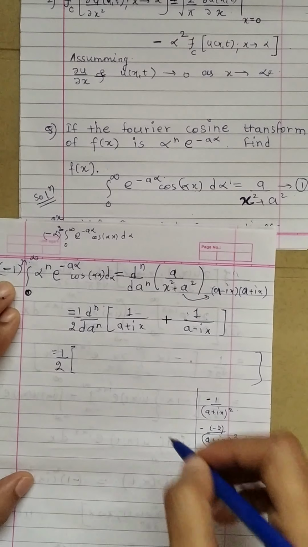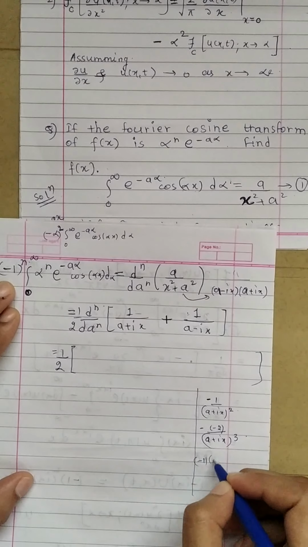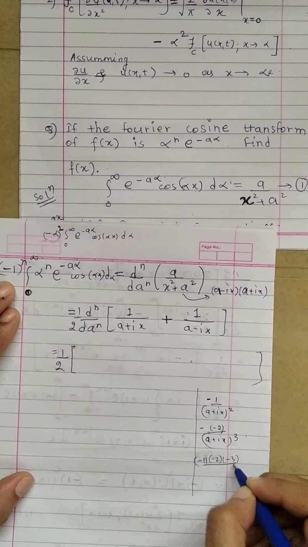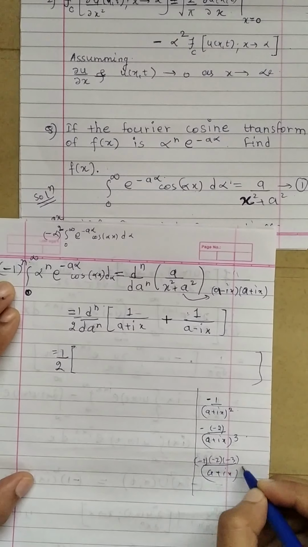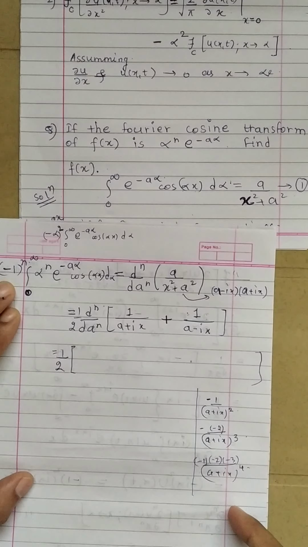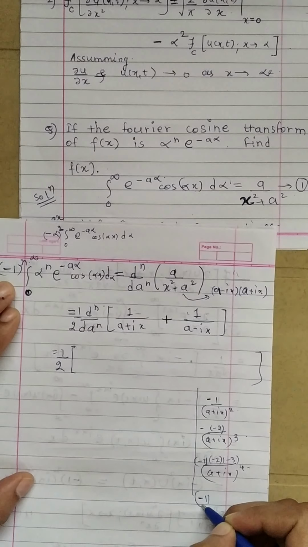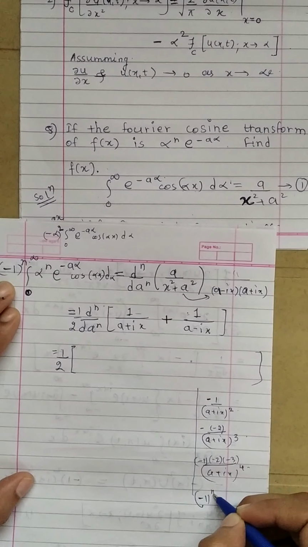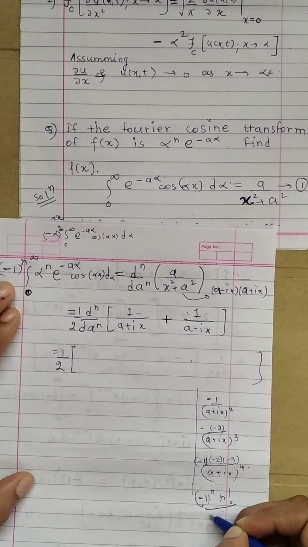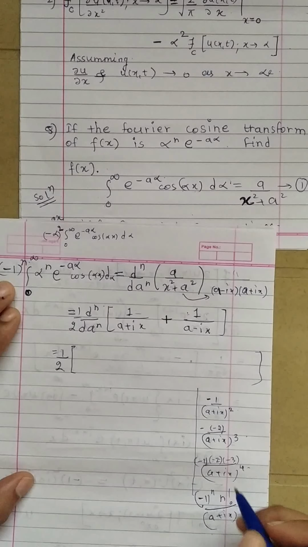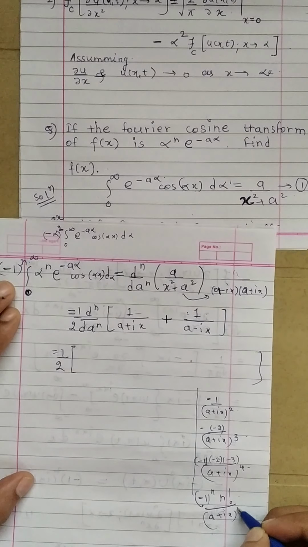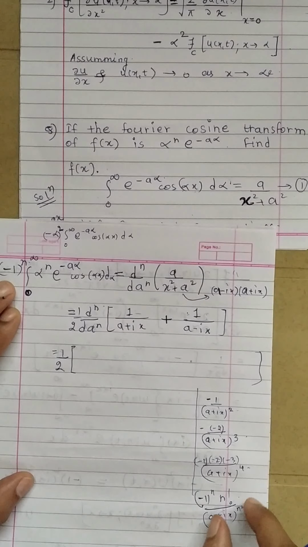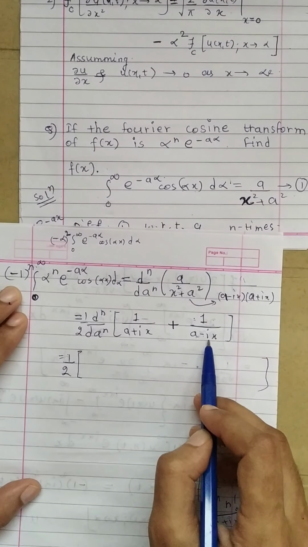If I differentiate again, this minus 1, minus 2, minus 3, a plus i into x the whole raised to 4. So accordingly, if I differentiate it n times, what we will get is minus 1 raised to n, 1, 2, 3 till n, so it will become n factorial divided by a plus ix raised to one index more than n, so it will be n plus 1. And a similar thing for a minus ix.